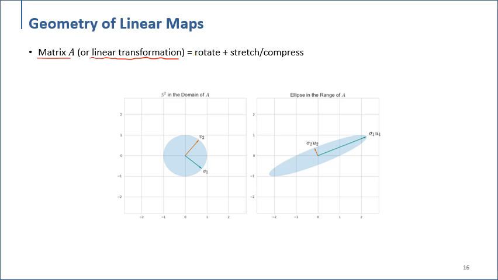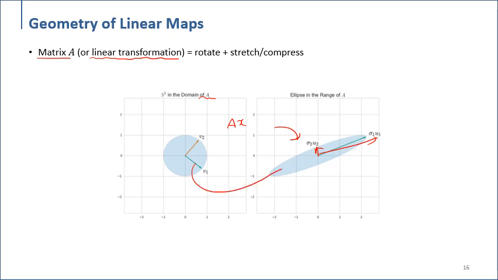So here, let's say we have two vectors, v1 and v2, in the original domain, and when you multiply these vectors by A, then our original vectors can be transformed like this. So here, this one is sigma 2 u2, and this one is sigma 1 u1.